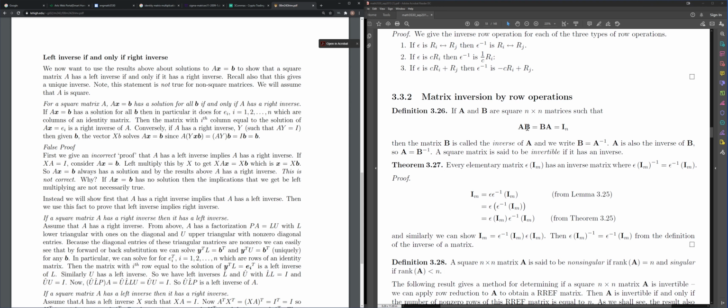So B over here would be the inverse if B satisfies AB equals BA equals identity.